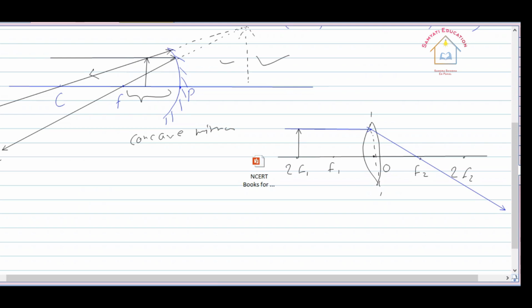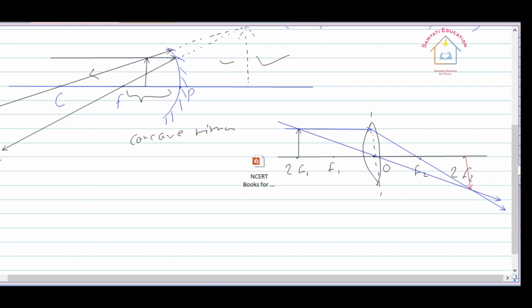If we put the object at 2F1, then we can get the image at 2F2. And the image will be real and equal in size to the object. Then option B will be correct, at twice the focal length.